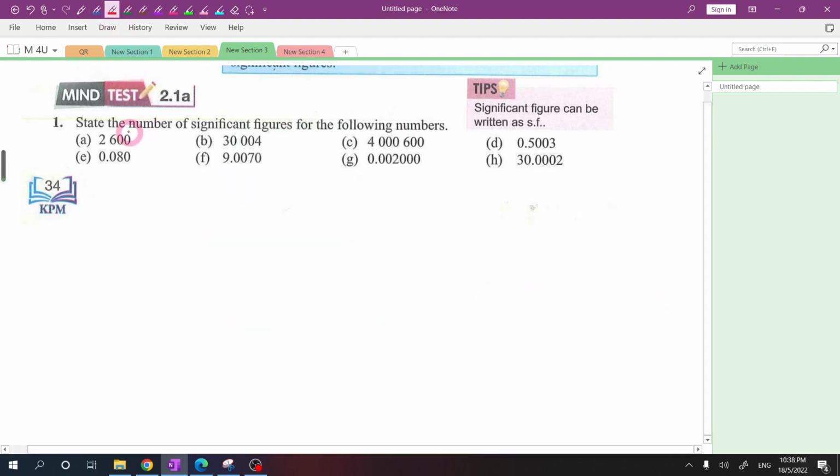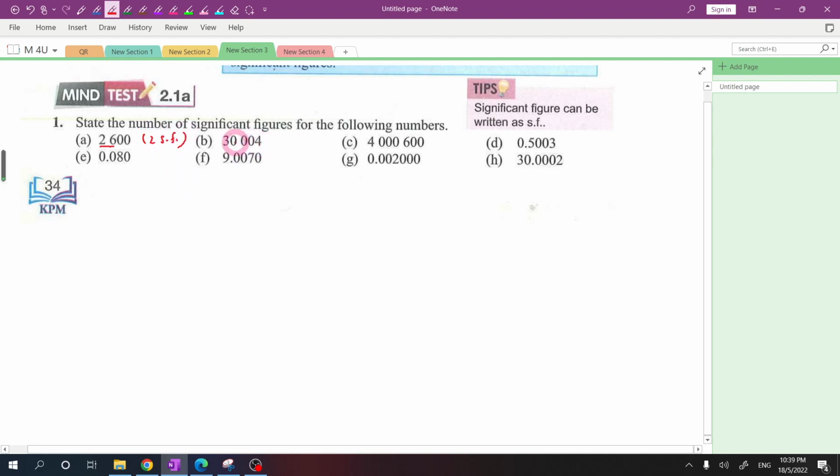Okay, now let's go back to your questions. How about A? How many significant figures do we have here? The 0 at the end of an integer may or may not be considered a significant figure. It depends on the level of accuracy. As I told you just now, if the question does not tell you anything, like this situation, we just say we have two significant figures, 1, 2.